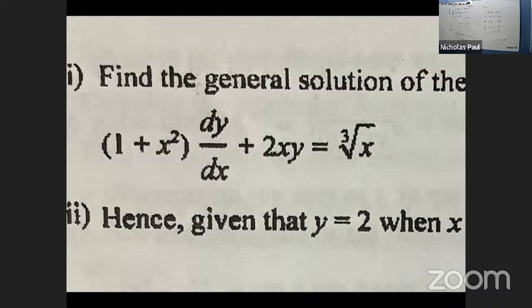Take your time, divide everything by 1 plus x squared, and then same steps afterwards.